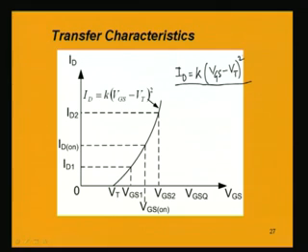We need more points in order to fit a curve. For that, one point will help us, which is the threshold voltage. When the gate to source voltage is equal to the threshold voltage, the current is 0.